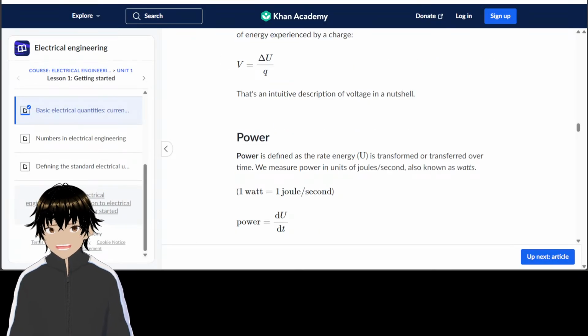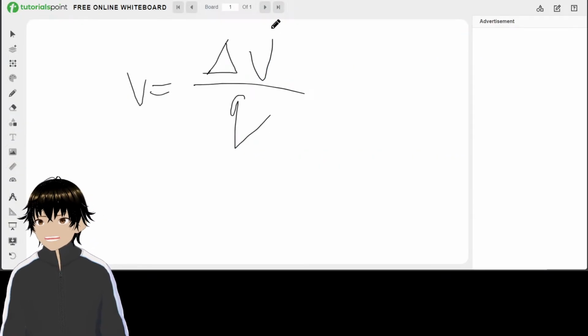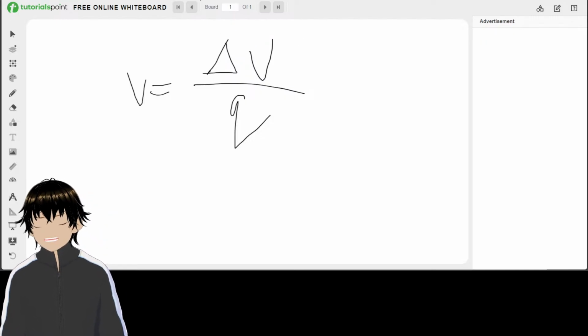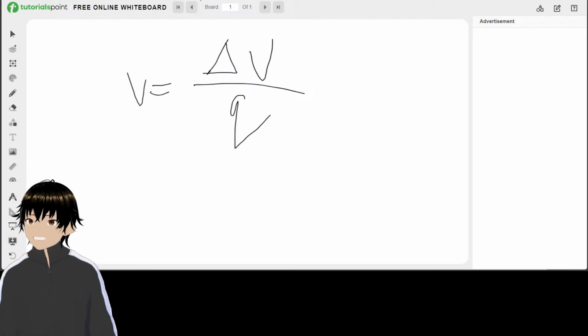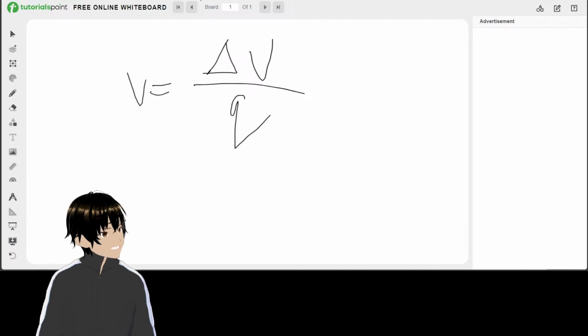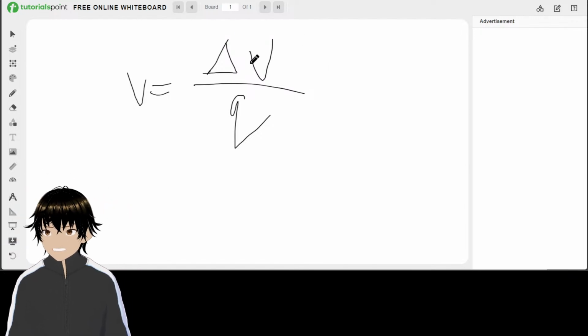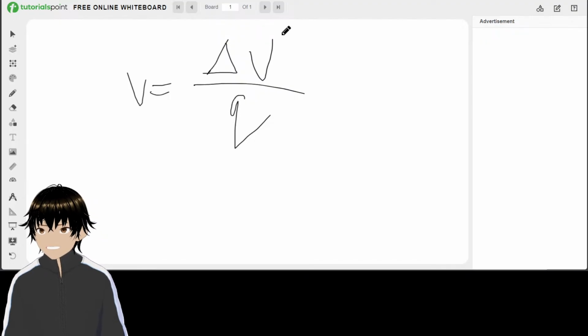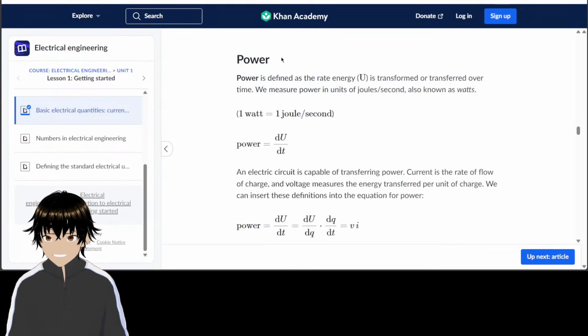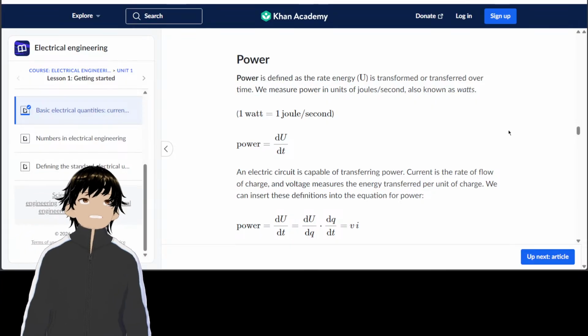It's an intuitive description of voltage in a nutshell. The delta sign basically means change of energy experienced by charge. Power is defined as the weight energy.